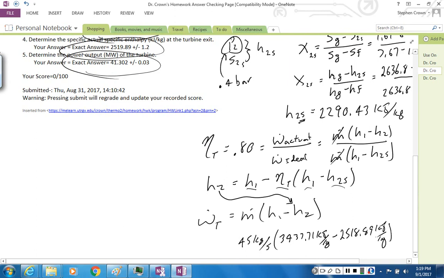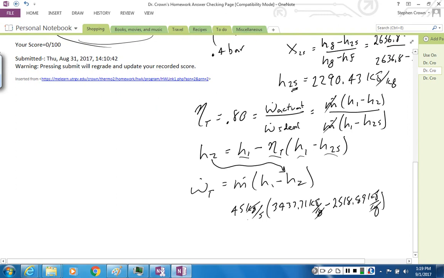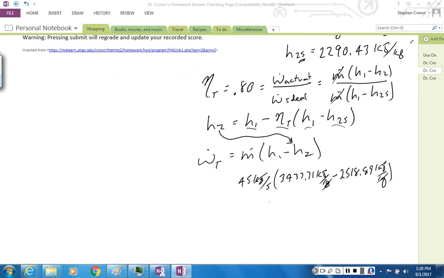So the kilograms will cancel, and I'll end up with a value of kilojoules per second. So we're left with units of kilojoules per second, which is equivalent to the kilowatt.